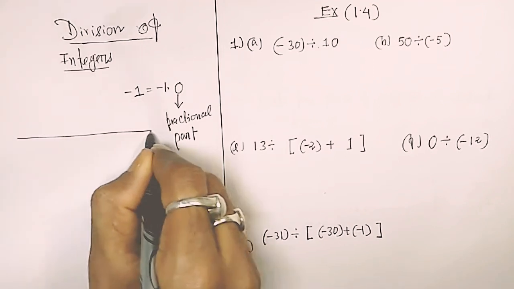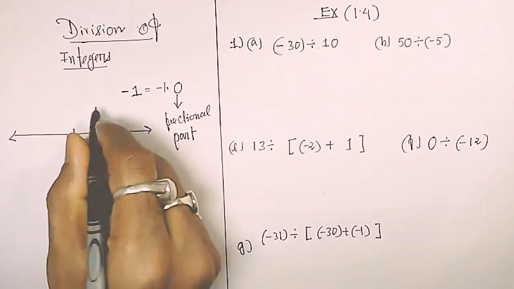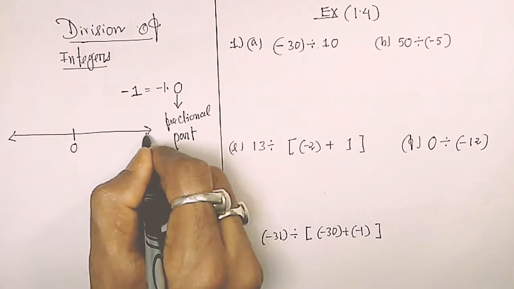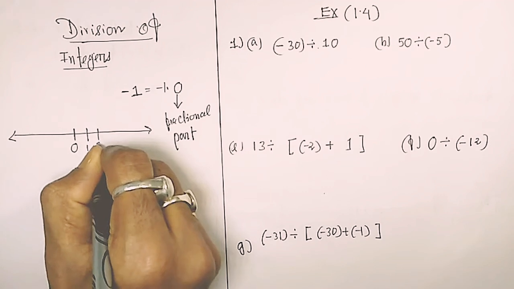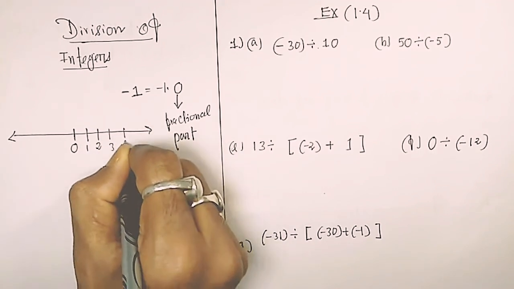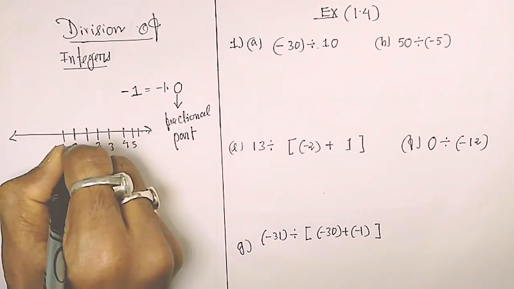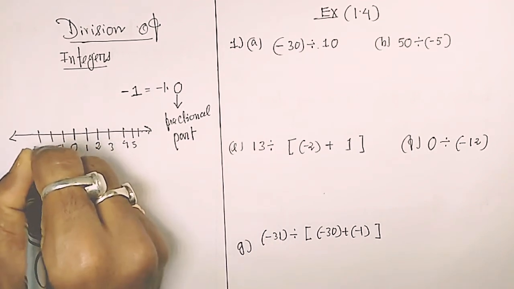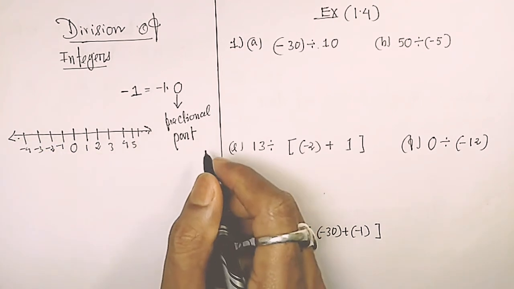So in the number line, we can represent the integers by, right hand side is represented by the positive numbers. So it's 0, 1, 2, 3, 4, 5, and so on. It's -1, -2, -3, -4, and so on.